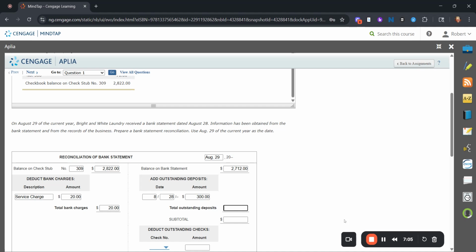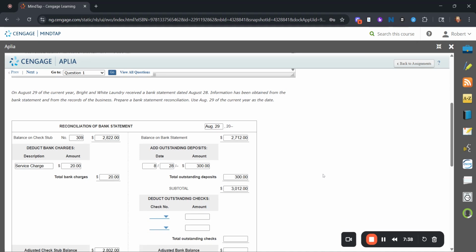There are no other deposits, so our total deposits outstanding, meaning it just wasn't processed in time when the statement was created, is 300. Then we'll add that to the amount that the bank shows. So $27.12 plus the $300 is $327.12.